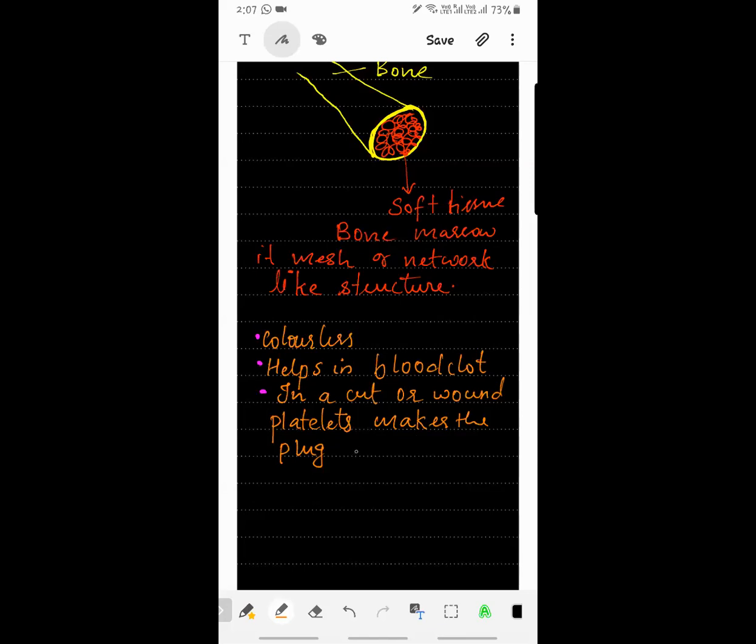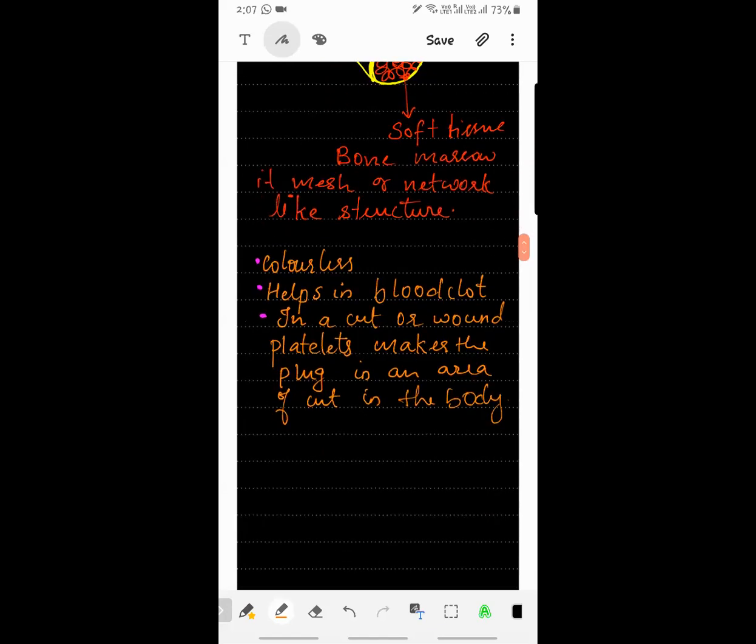Due to this plug formation, the blood stops coming out, and the bleeding stops.